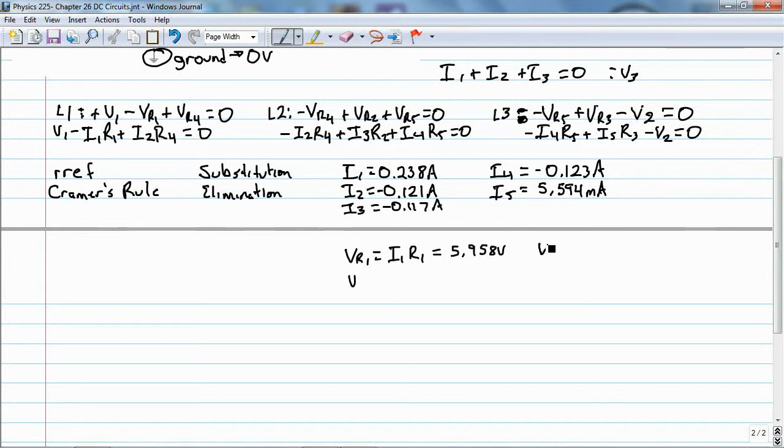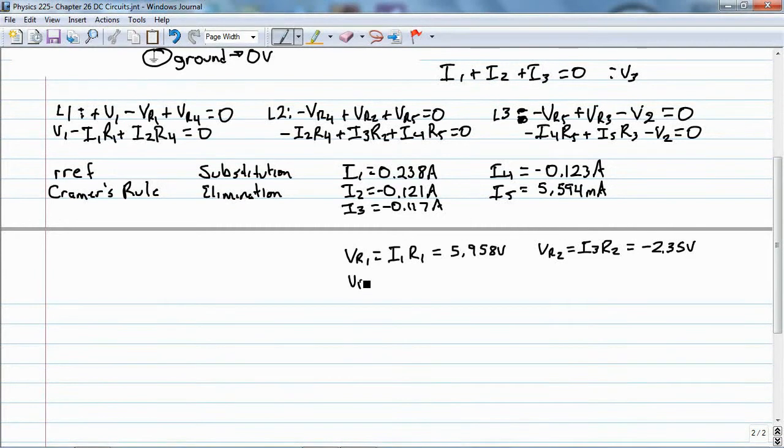VR2 is equal to I3 R2, and that gives me minus 2.35 volts.